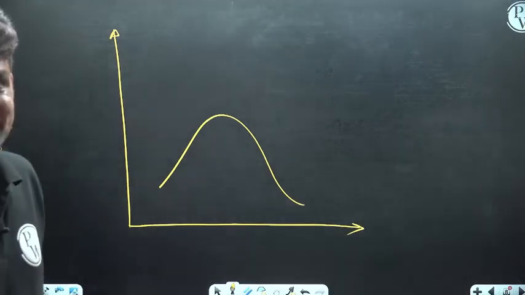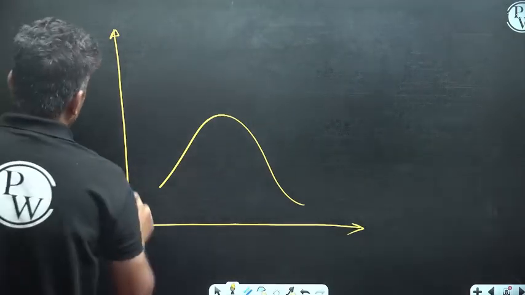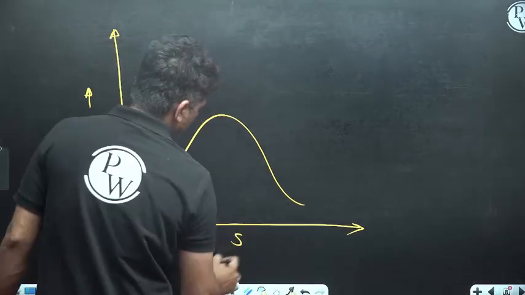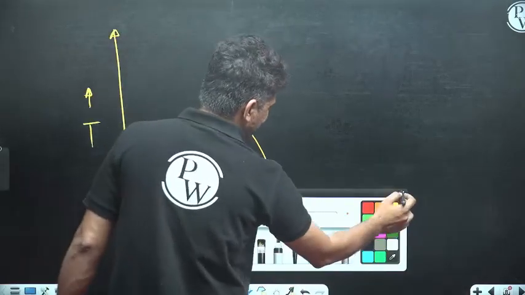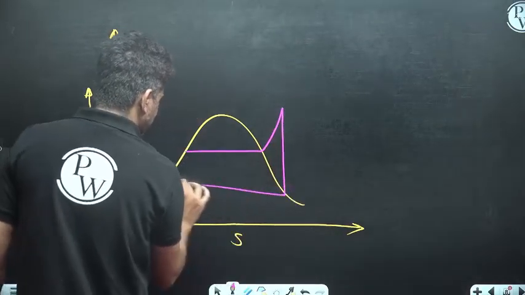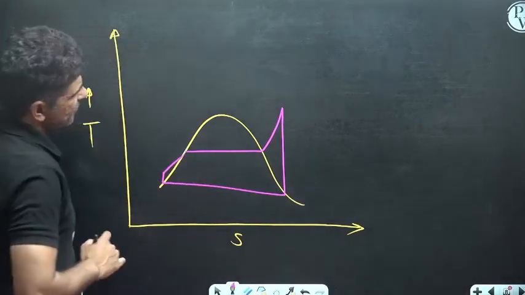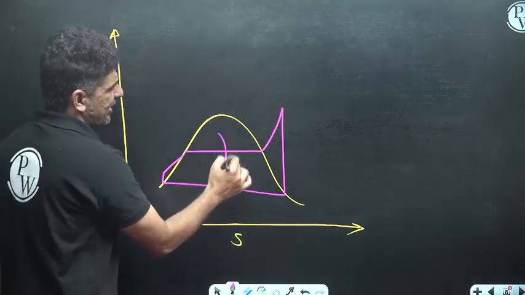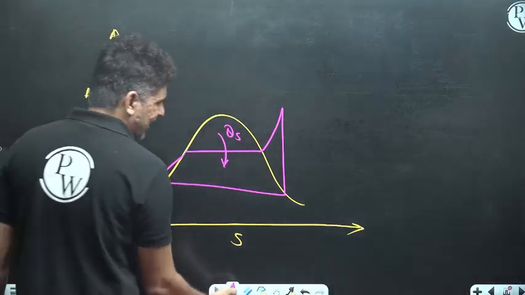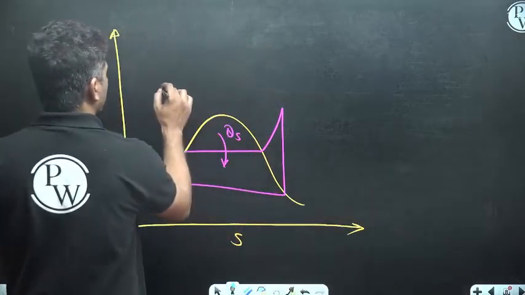If not in basic thermodynamics, we can see over here. If you want to see the temperature entropy diagram, this is how your Rankine cycle will be moving, something like this. Okay, and you see that energy is added over here, QS. Whatever is the energy that is getting added over here, that is coming from the Brayton cycle.